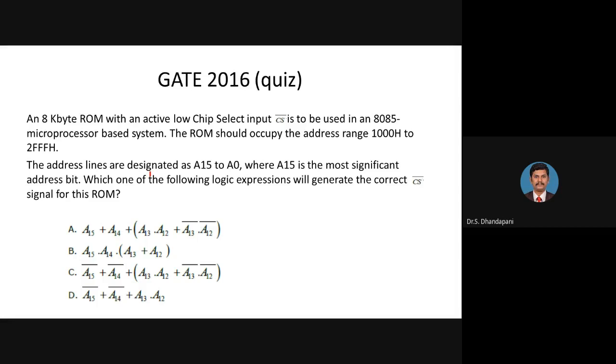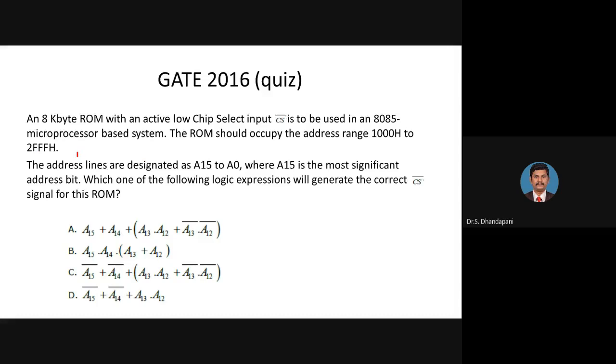The address lines are represented as A15 to A0, where A15 is the MSB. Which one of the following logic expressions will generate the correct chip select for this ROM? So we have to select the chip select signal using logic for the given address map.